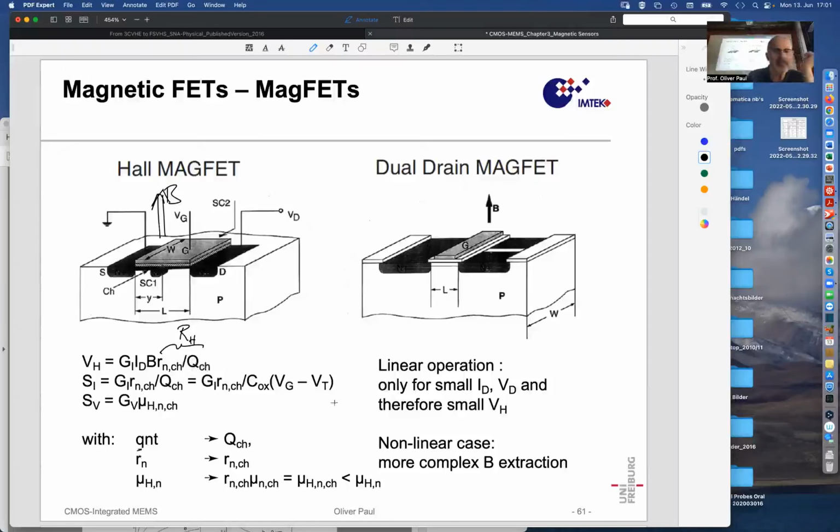So that's what I say here. RH is usually minus Rn divided by Q and T, and those symbols are now replaced by Rn channel and by Q channel, where Q is the 2D density of charge carriers in the channel.